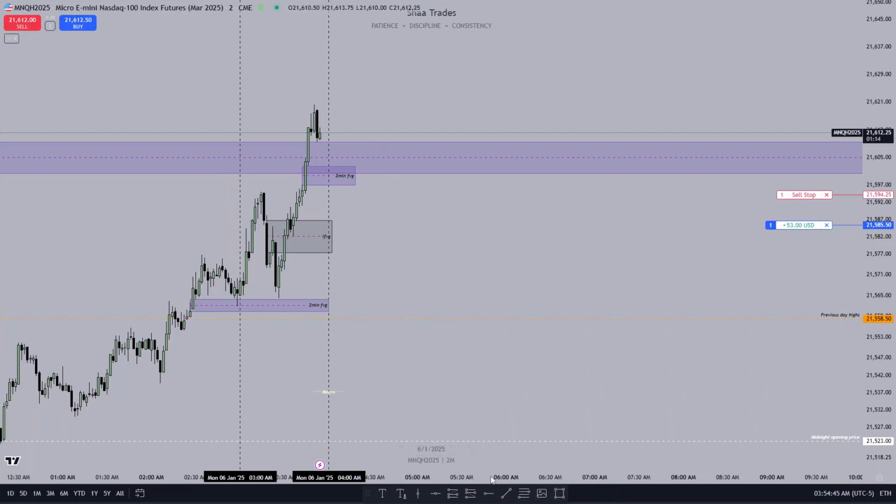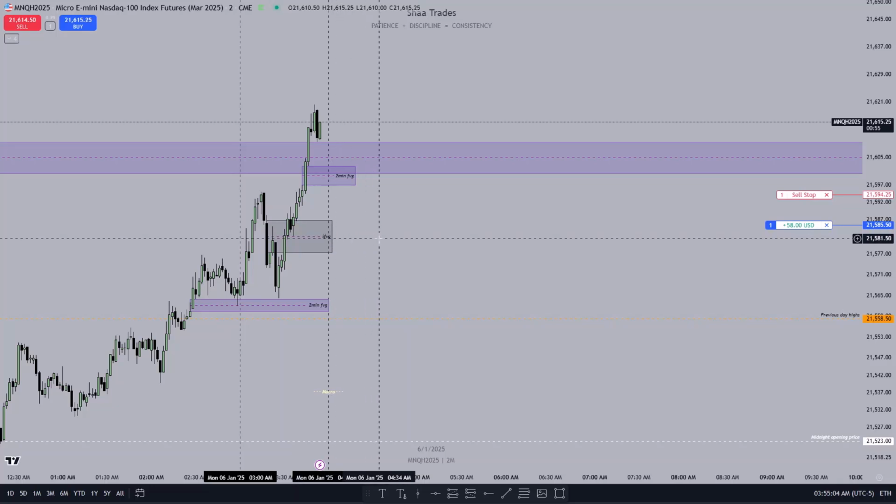Anyways, when price respects a fair value gap like this and then breaks down and then goes back up and breaks it, what I realized is that's a strong signature in price once it breaks it. That's why this inversion fair value gap model is so powerful.